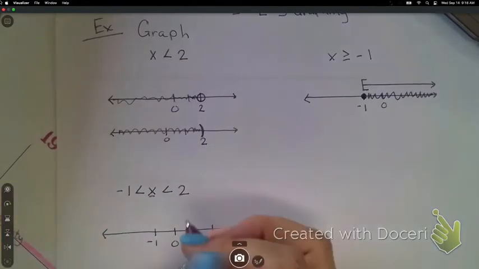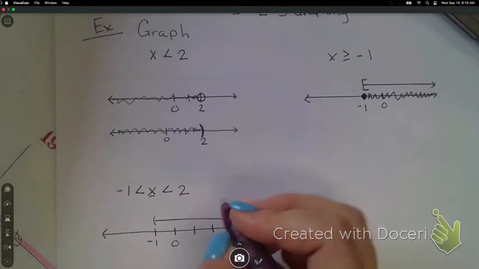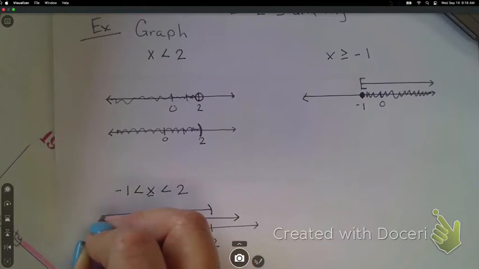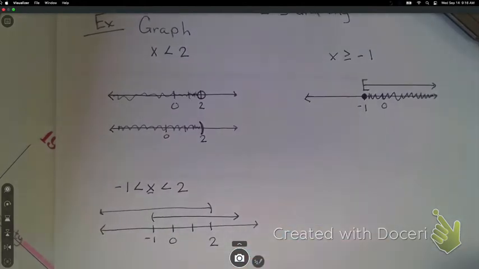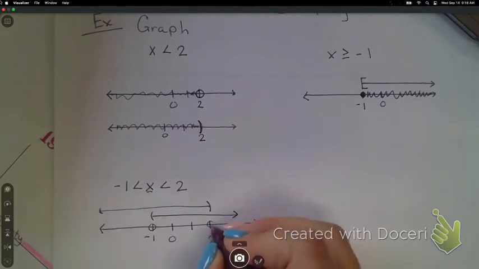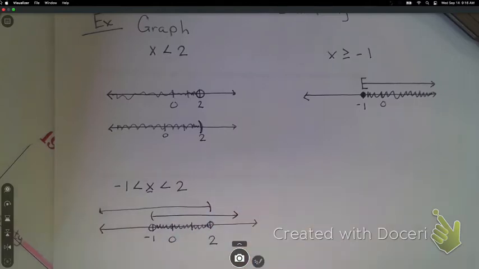So if it is bigger than -1 but less than 2, what is the only part that it covers then? Between what? -1 and 2. See how that works?